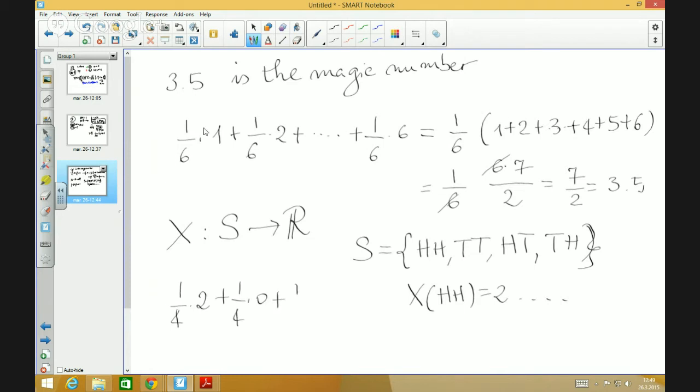And with probability 1/2, which corresponds to these 2 scenarios, I get 1 head, because it's 1/4 plus 1/4, so it's 1/2. Okay, so what is this? This is 1. This thing is 1/2. This thing is 1/2. So I get a 1.